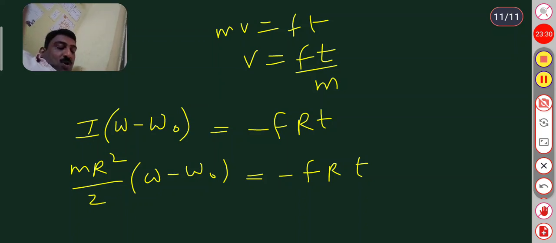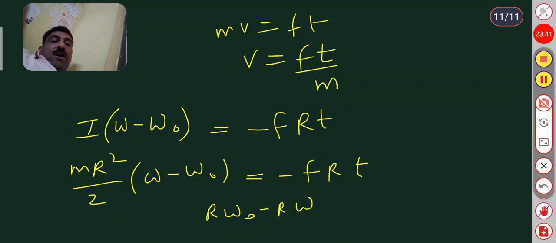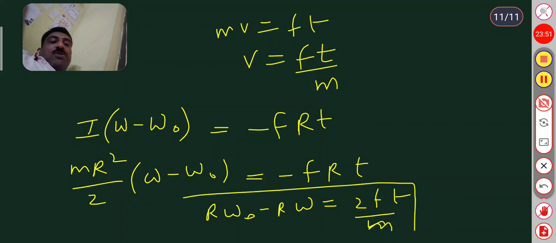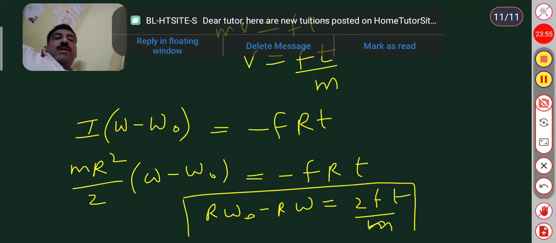If you solve, you will get r omega 0 minus r omega is equal to 2 F t by m.